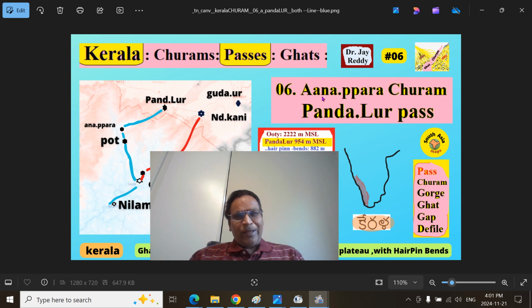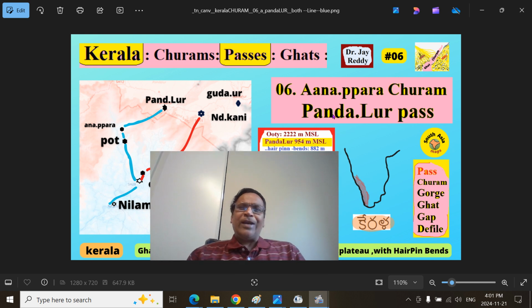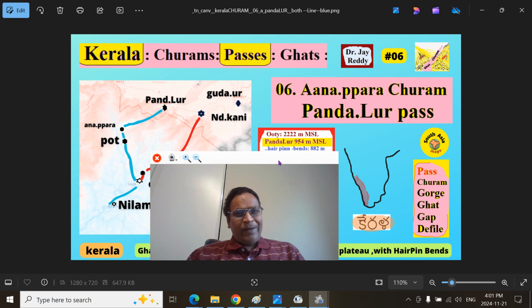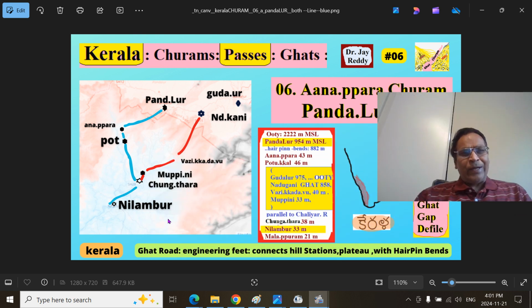In this presentation we are talking about the Pandaluru Pass or Pandaluru Ghat section, also called AanaPPara Churam, connecting the Nilambur town of Malappuram district to Pandaluru town and taluk headquarters of Nilagiri district.